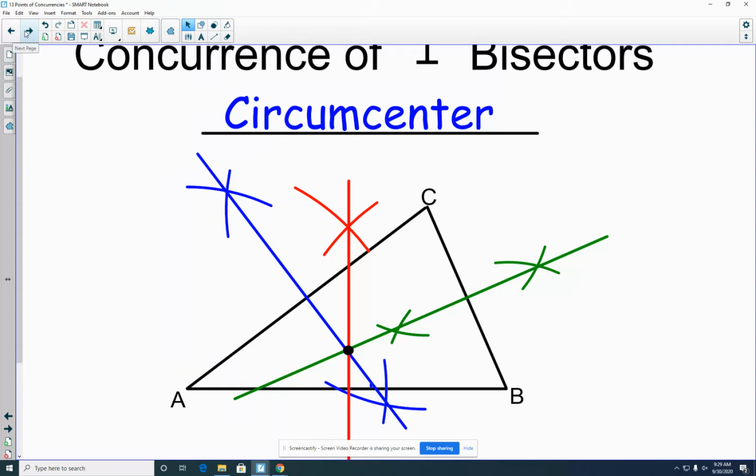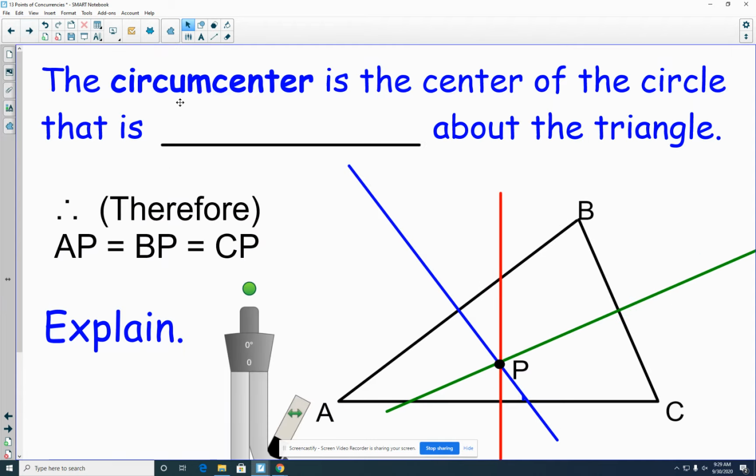Okay, so what is the circumcenter? I know how to find it by doing the perpendicular bisectors of two sides of the triangle. But what is the circumcenter? So the circumcenter is actually the center of the circle that is circumscribed about the triangle. So now circumscribed is a new term that we haven't really discussed yet.